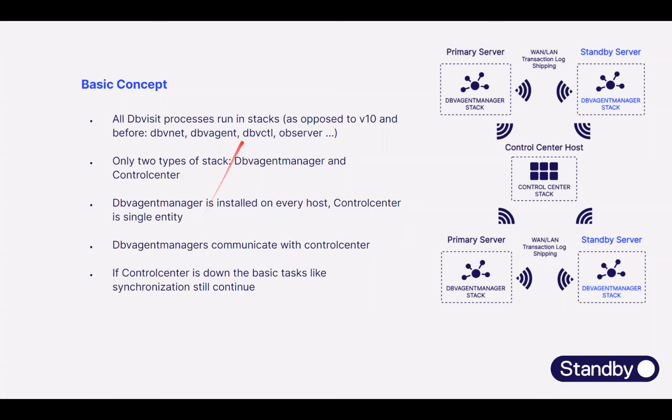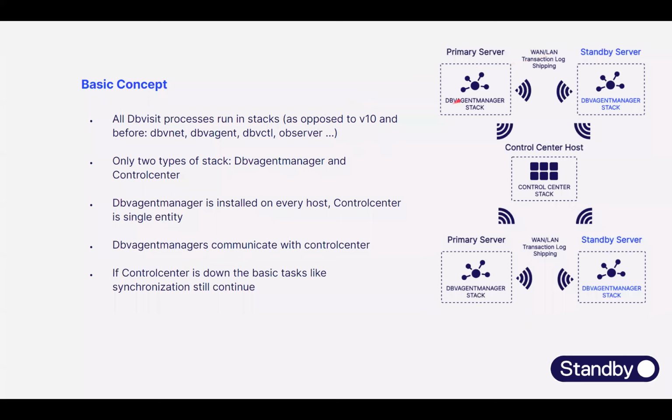Previously, you tended to have all those sub-processes, dbvnet, dbvagent, maybe dbvserver, and so on and so forth. This changed with version 11, and with version 11, you have just 2. We try to simplify things. You essentially have just DBV Agent Manager and Control Center. There are no other components which you can install.